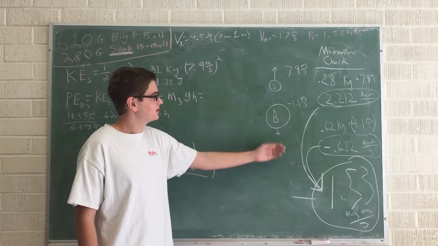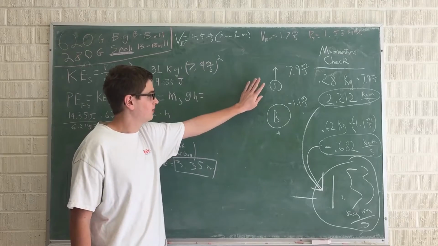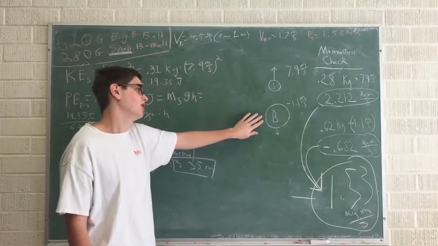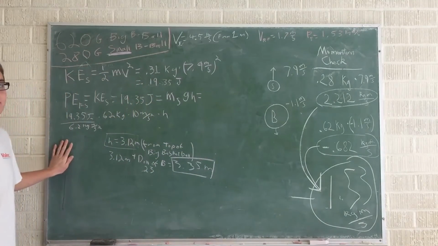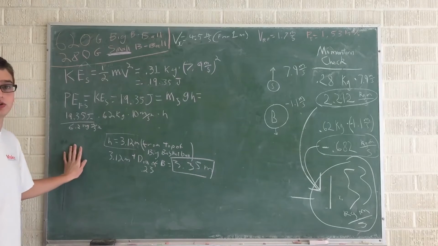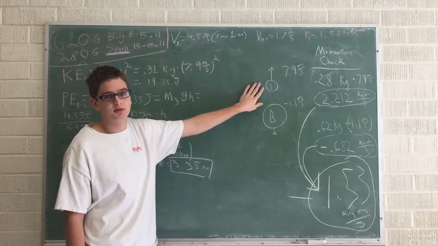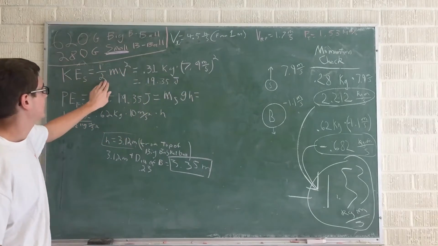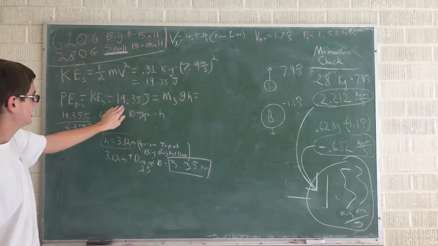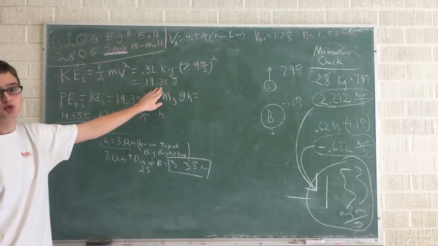Now that we checked our momentum and have our final velocity for both the small basketball and the big basketball, we can start calculating the final height. To do that, we're going to use energy. So we're going to find the kinetic energy of the small ball, which is 1/2 mv squared, which ends up being 19.35 joules.